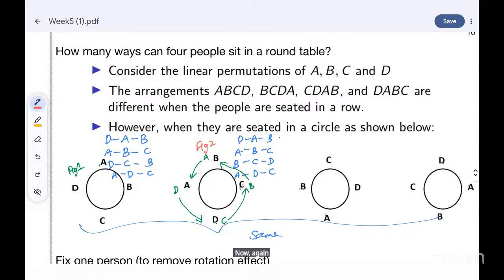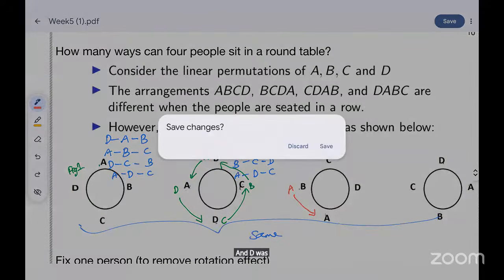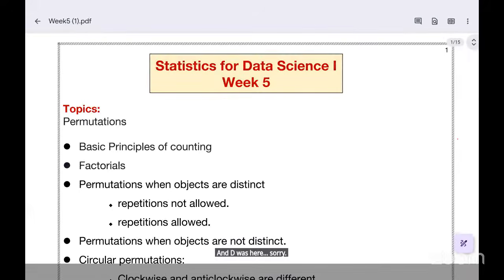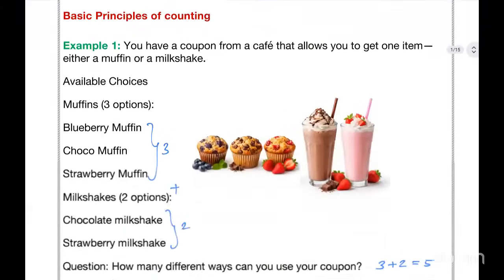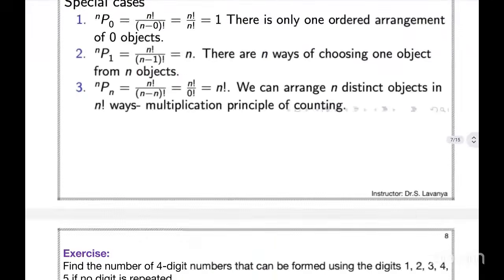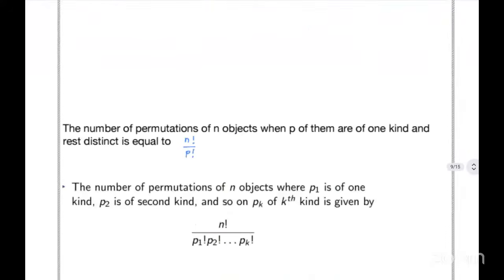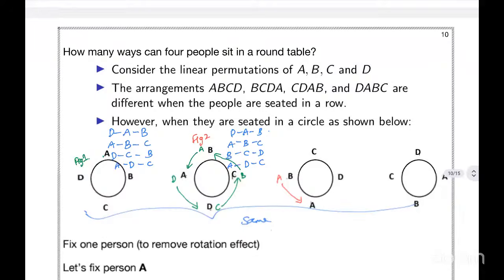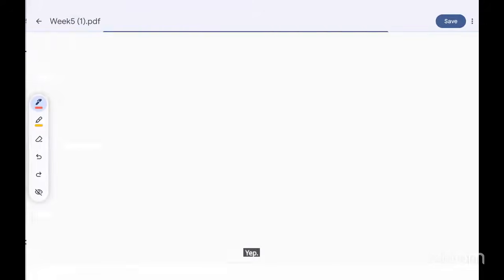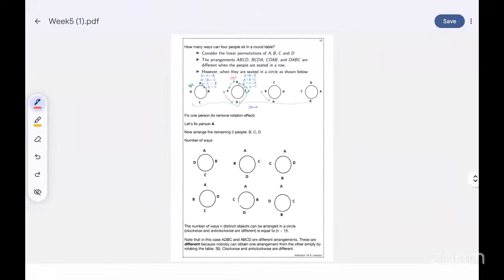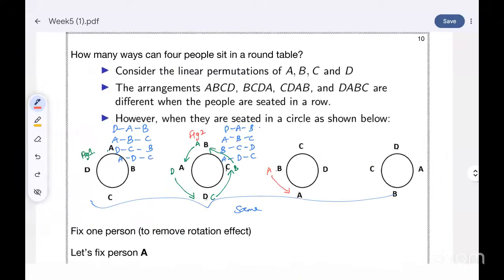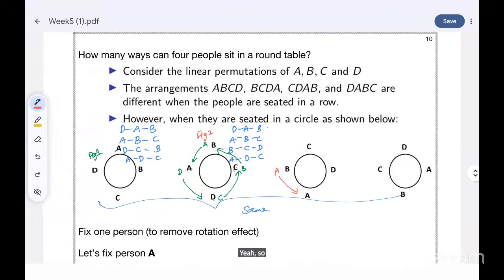Now again a rotation has happened. You see A was here in this figure, and now it has come here. And D was here in figure 2, which moved to this position.